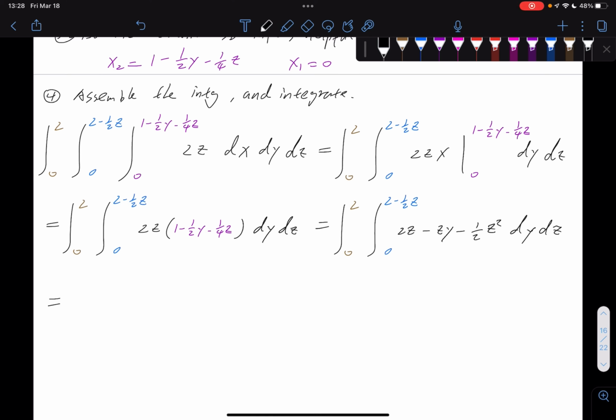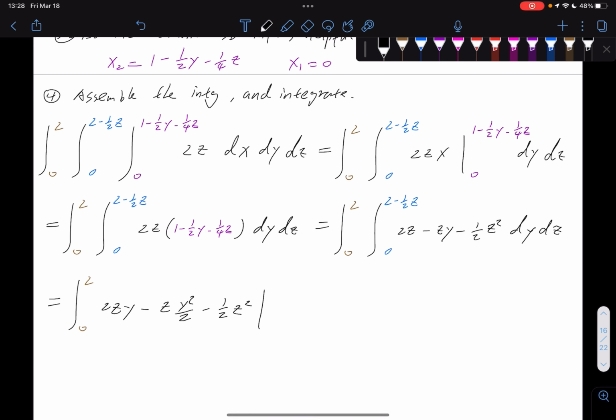So that will give us, from 0 to 2 minus 1/2 z, this integral, right? So 2zy minus zy squared over 2 minus 1/2 z squared dy.